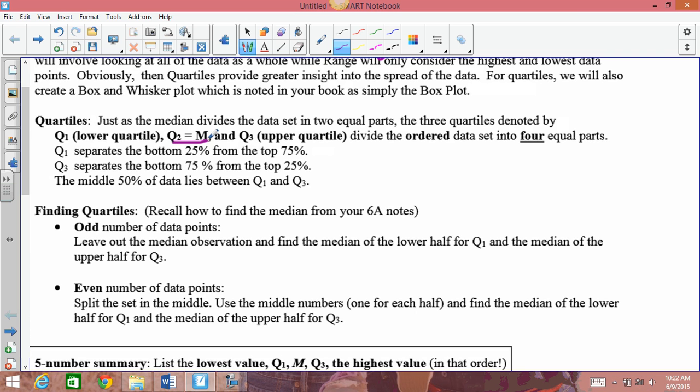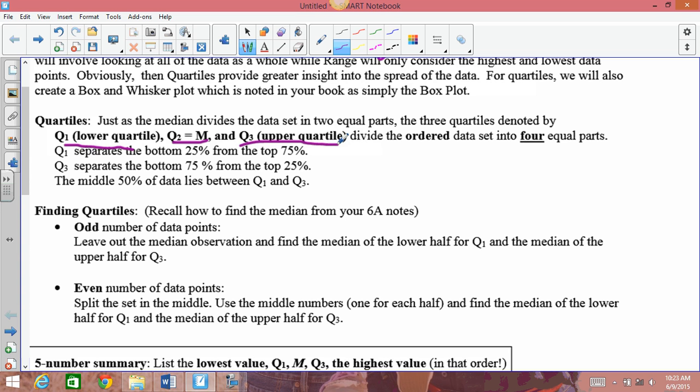Then you will find quartile 1 and quartile 3, and those are the medians of the data above and below that particular median. That's why in the previous section I encouraged you to either circle or insert your median, so that when we find our lower and upper quartiles, we'll know exactly which data points to include and which not to include.